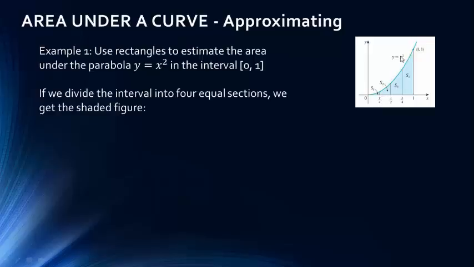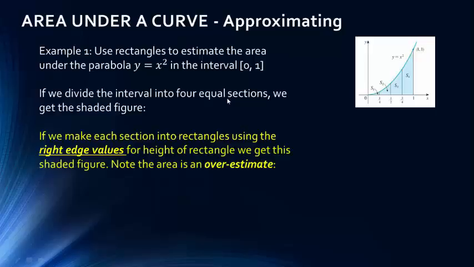The interval is from 0 to 1, so for 4 sections we divide the length, which is 1, by 4, and each section will be 1/4. So x will be 1/4, plus another 1/4 gives 1/2, plus another 1/4 gives 3/4. All I've done is divide the x interval into 4 sections, because we're going to do 4 rectangles.